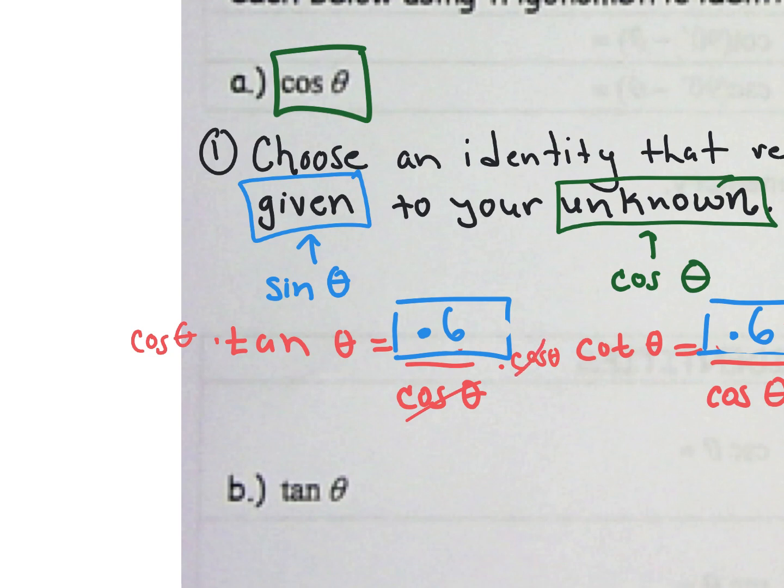So I have 0.6 equals cosine theta times tan theta. Maybe divide both sides by tan just for giggles. I don't get a number. I get 0.6 over tangent theta. That doesn't tell me the value, right?